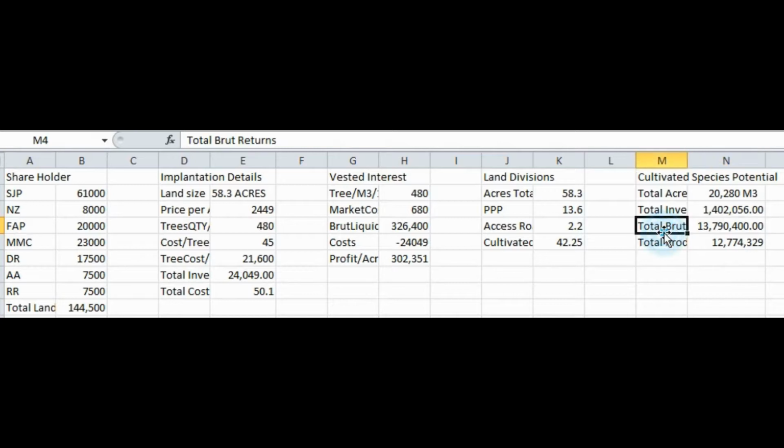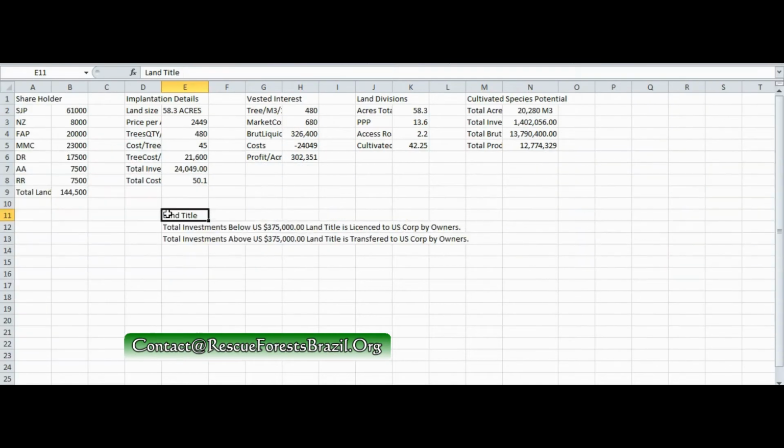However, that brings us to a brute return of pushing 14 million. 13,790,400 should be our returns if we multiply this value by the market value. That brings us to a production of liquid profit, almost to 13 million, 12,774,329. That is the brute minus the cost of investment.